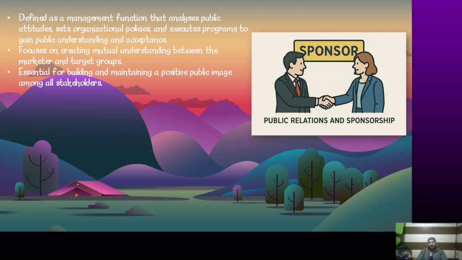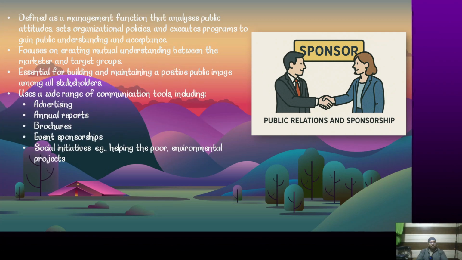So the people who are interested in buying your product, not only your customer, your potential customer, your investor, the government, all the stakeholders in your company, you want your public image in their eyes to be good. Your public image should be such that the consumer does not feel any sort of pressure to avoid that linkage from you. Then you can use a lot of tools to build that public relationship.